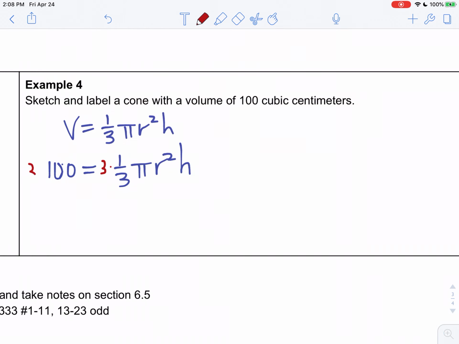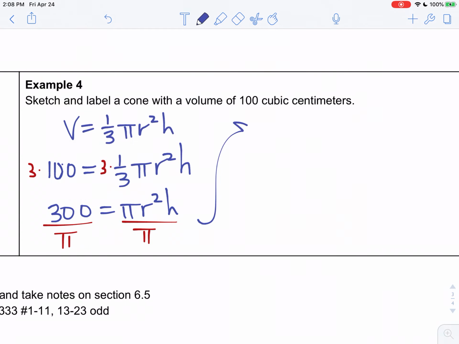I'm going to start by multiplying both sides by 3. I'm then going to divide both sides by pi. And that gets me to approximately 95.5 is equal to r squared times h.